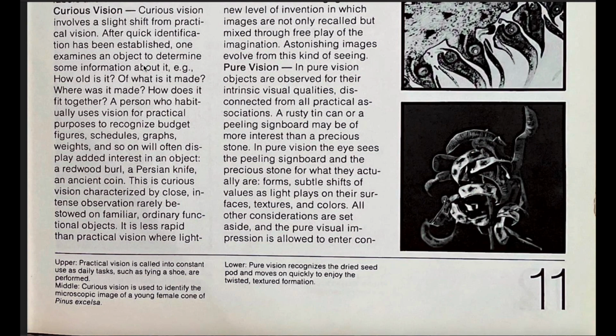So it's the subtle shifts of values as light on that coffee mug that we were talking about earlier. How does that light shift on that mug and the surface? What are the textures? What are the colors? If it's outside, how does the sun play into those shadows and those textures as the day goes by? Those colors, those textures, the way the light moves, that's pure vision.